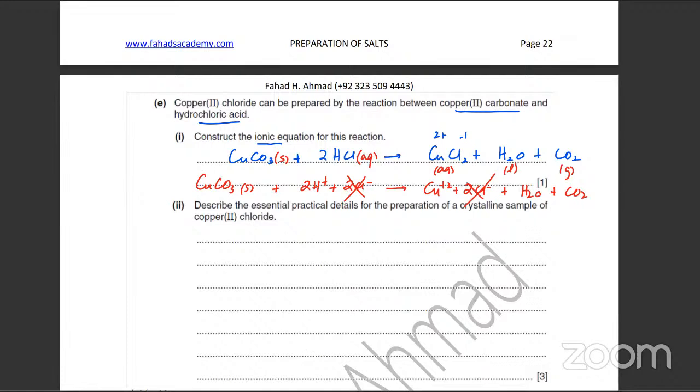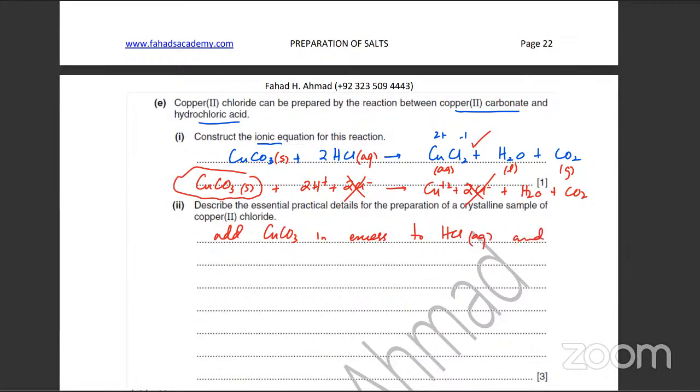So again, the method you're going to use is the excess method, because the reactant is insoluble and the salt you're trying to make is a soluble salt. In the excess method, what was it? Add copper carbonate in excess to hydrochloric acid.